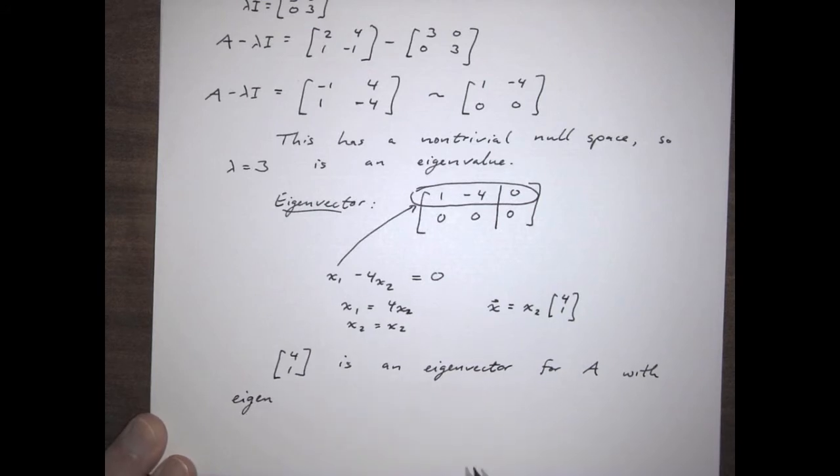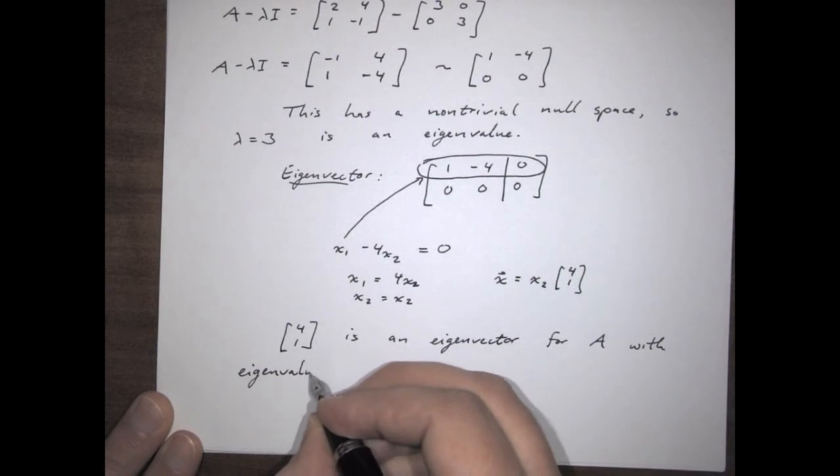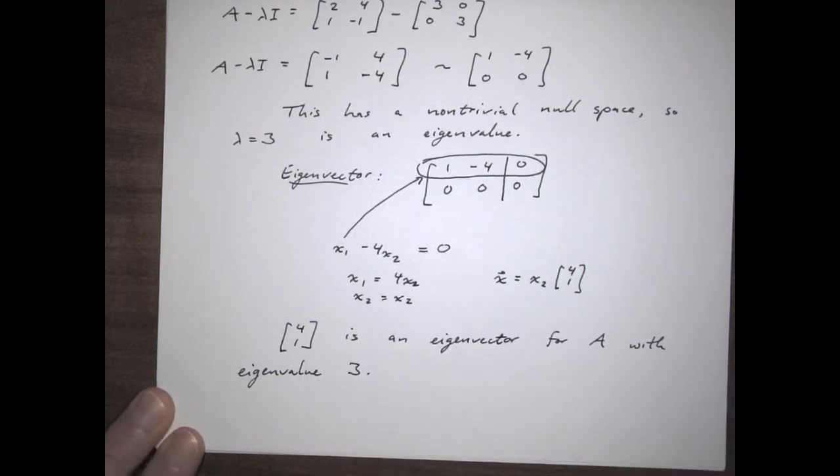So it's an eigenvector of A with eigenvalue of 3.